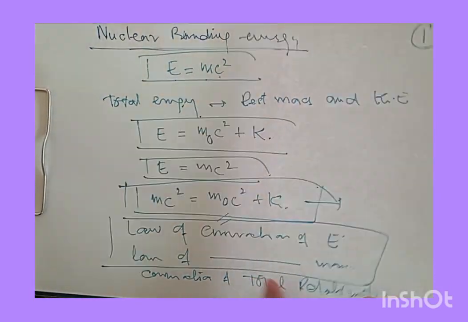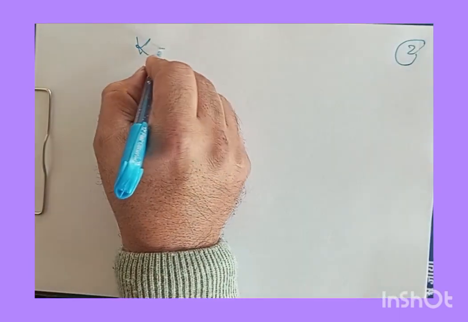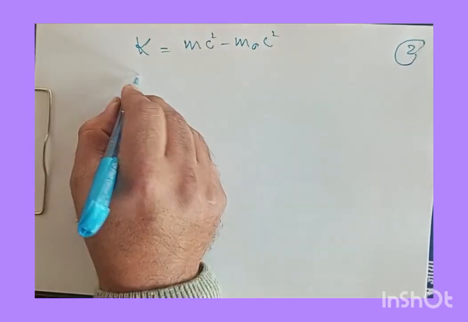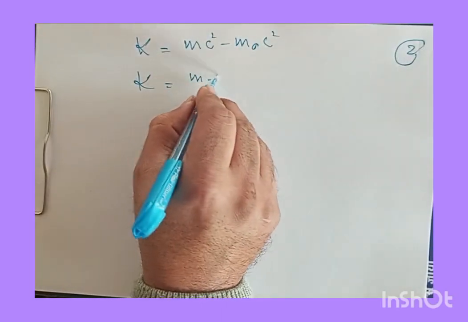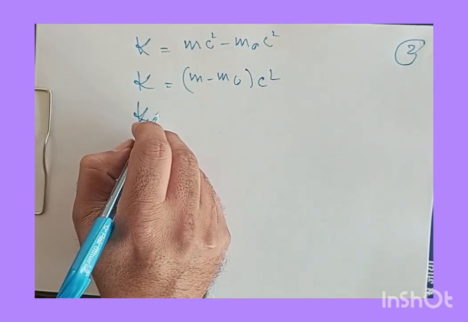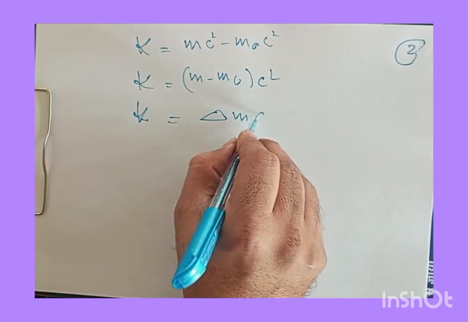So we can have kinetic energy from here. K will be mc squared minus m naught c squared. So this kinetic energy will be (m minus m naught) times c squared. So this kinetic energy is delta m c squared.